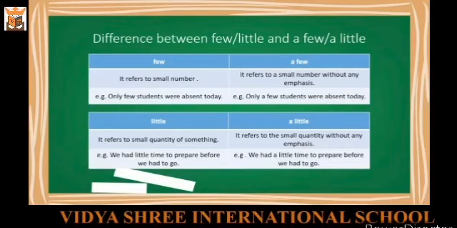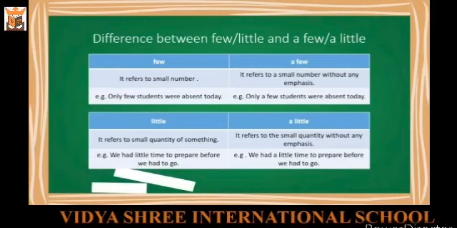It's still not a lot of them, but the emphasis is on the fact that there are some who were absent and not that their number is small. I think it is clear to you now.